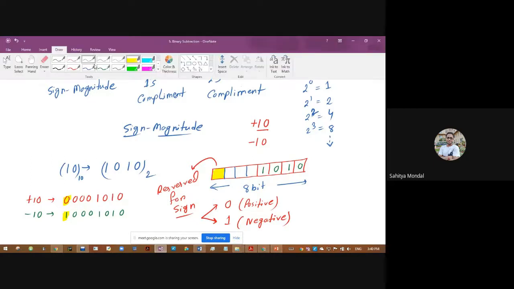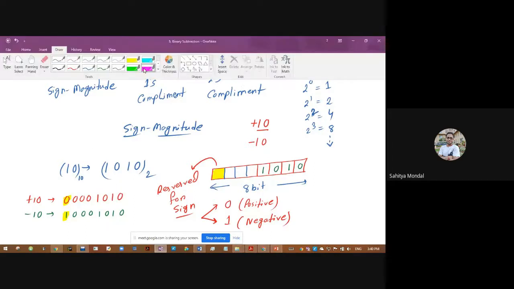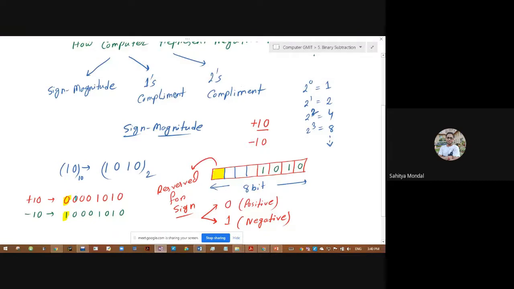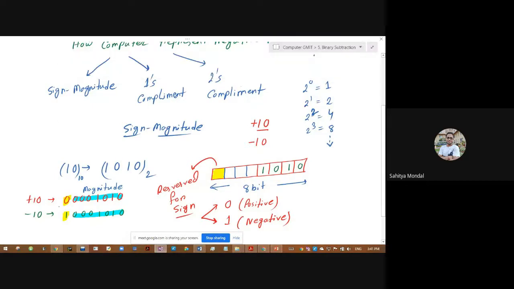The remaining part I am marking pink; since pink has less visibility, it is better to use sky blue. This sky blue part is the magnitude of the number, that is, the value. And the yellow section tells us the sign. Understood the sign magnitude part?